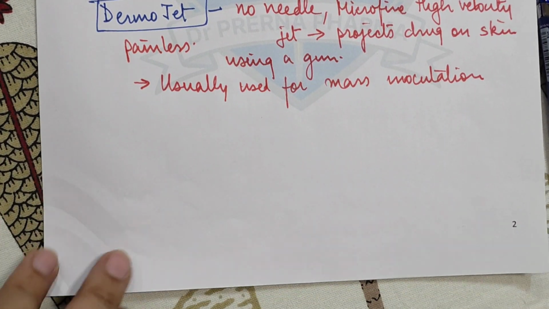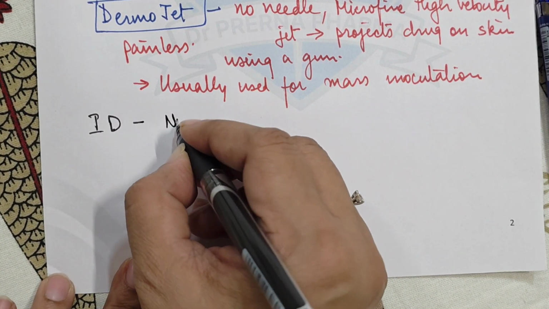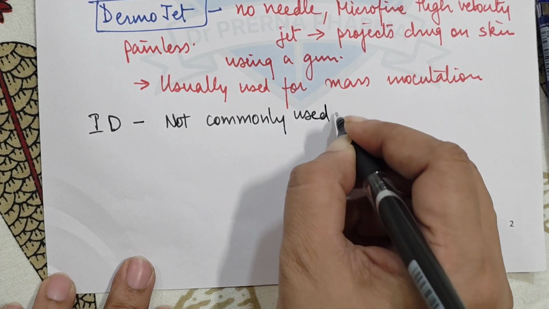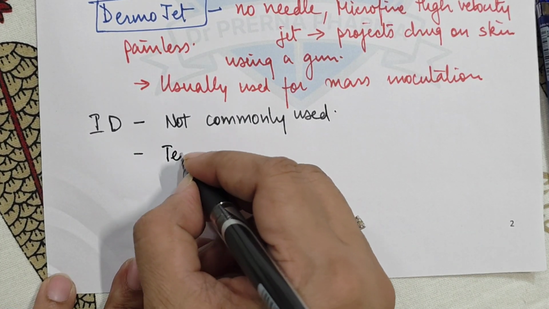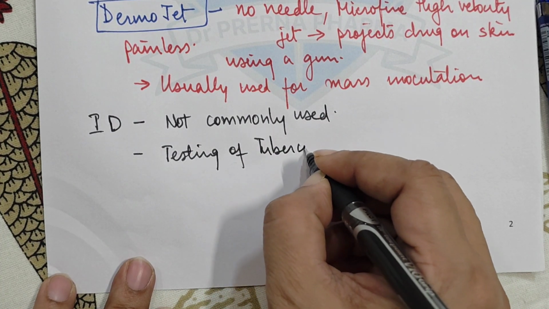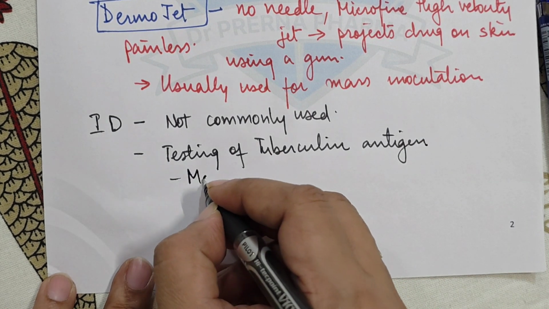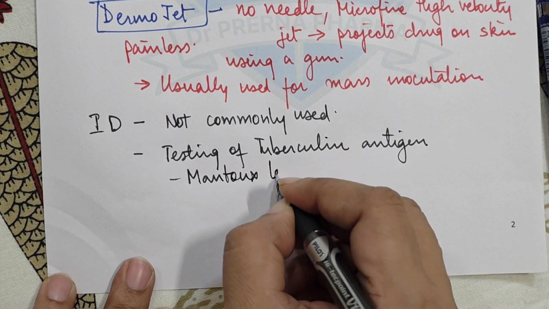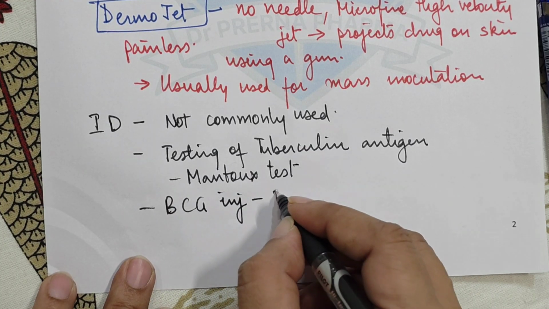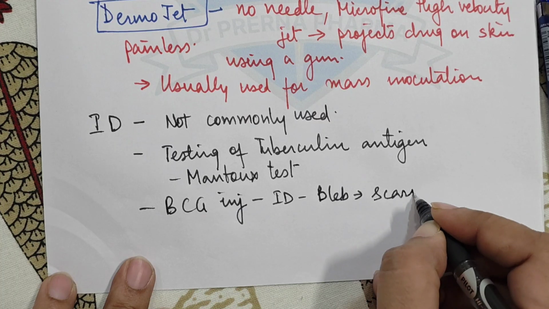Coming to the next route, intradermal. The intradermal route is not very commonly used. The one place where you must have heard of it is the testing of tuberculin antigen, that is the Mantoux test. Also the BCG injection is given intradermally, so it raises a bleb and then results in scarring.